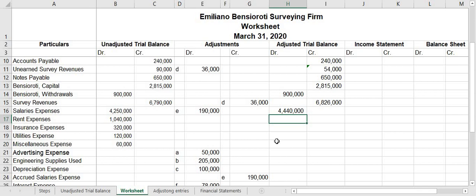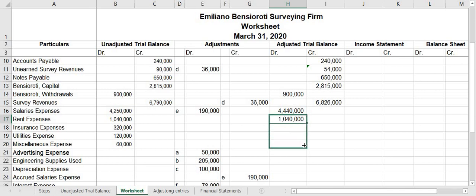And of course, your rent expense, your insurance expense, utilities expense, and miscellaneous expense does not have any adjustment. Kaya, copy mo lang siya sa debit column ng iyong adjusted trial balance.